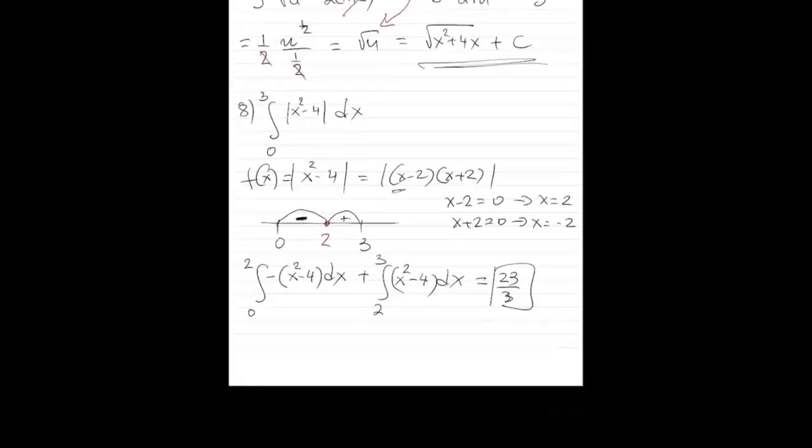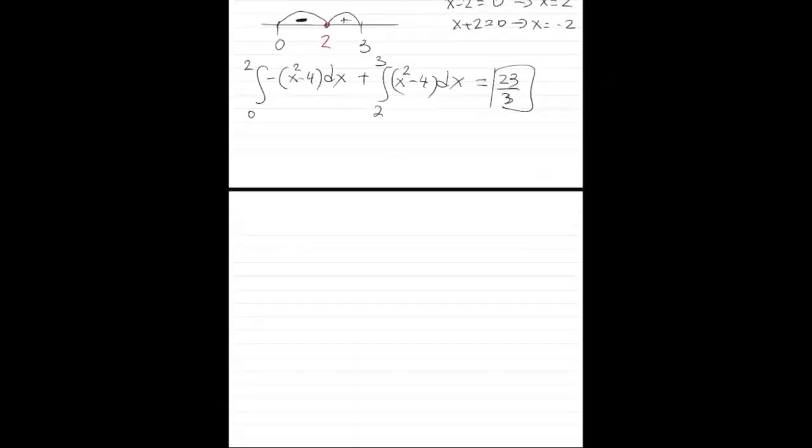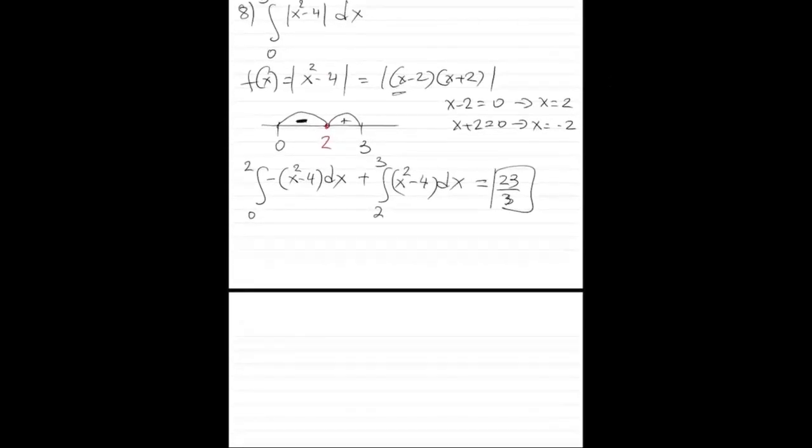All right, number 9. We have another indefinite integral, and that is the integral of sine pi t cosine pi t dt, and I'm going to show you two methods.